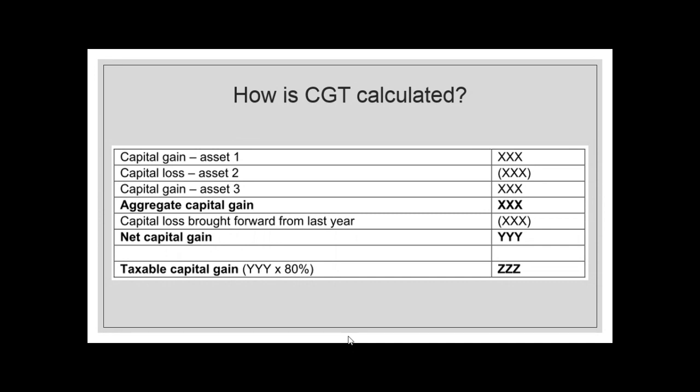If it is before 1 October 2001, then you do the pre-valuation date cost, and then you add any costs subsequent to that date onto that value to work out your base cost. If it is something that I've acquired in recent years, then I add any cost that I acquired for that asset to bring it to its current location and condition for the use that it was intended.